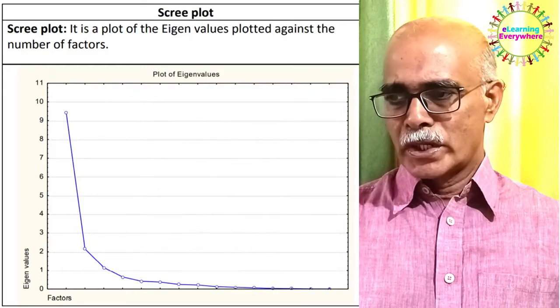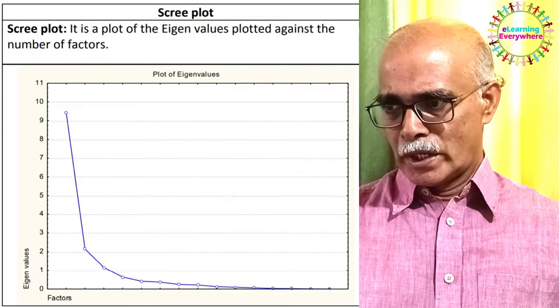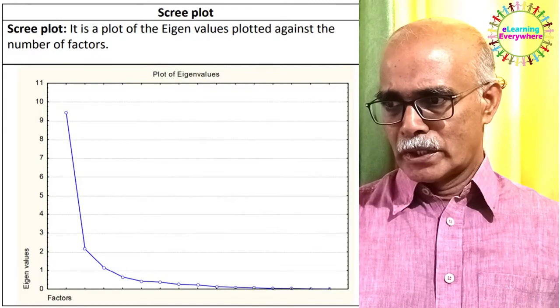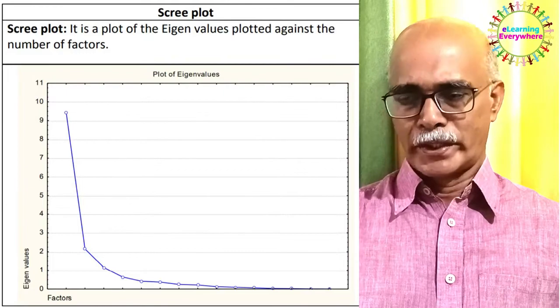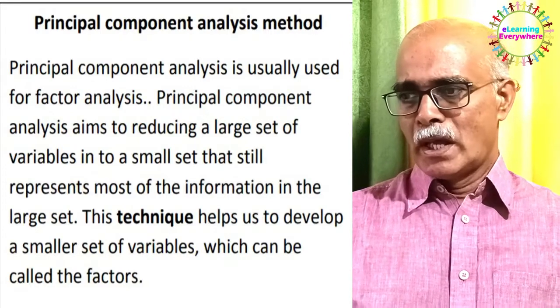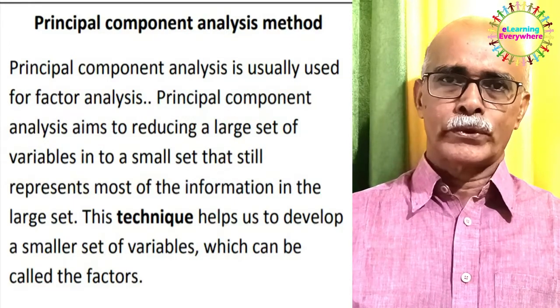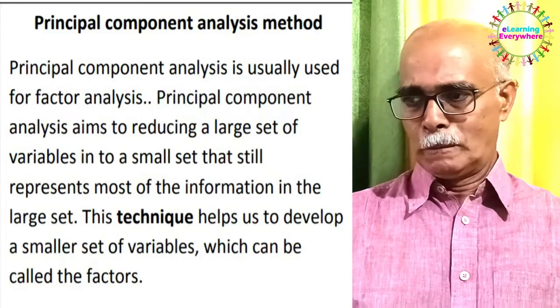In other words, a Scree plot is a plot of the eigenvalues against the number of factors. In factor analysis, usually the principal component analysis method is used. Factor analysis is a type of multivariate analysis, and the principal component analysis method is usually used here.